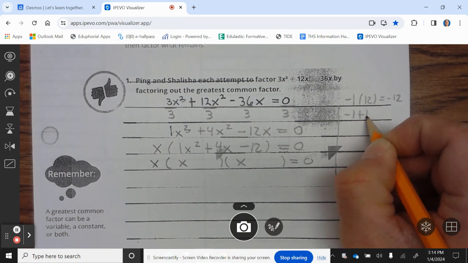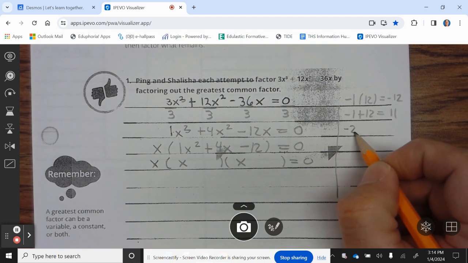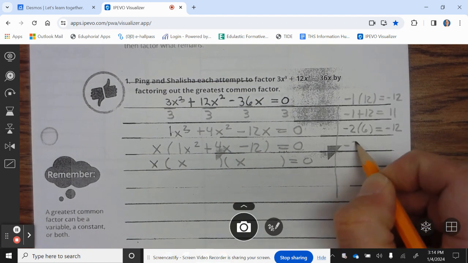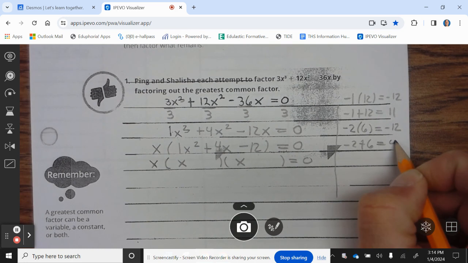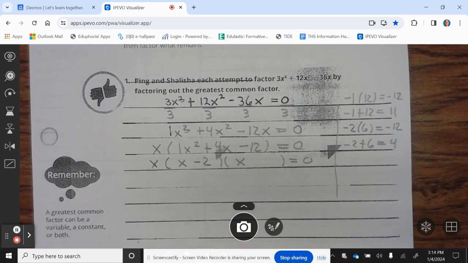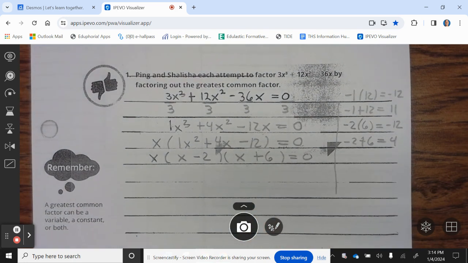Negative 1 plus 12 is 11. That doesn't work. Negative 2 times 6 is negative 12. Negative 2 plus 6 is 4. So that works. So our factors are x minus 2, x plus 6.